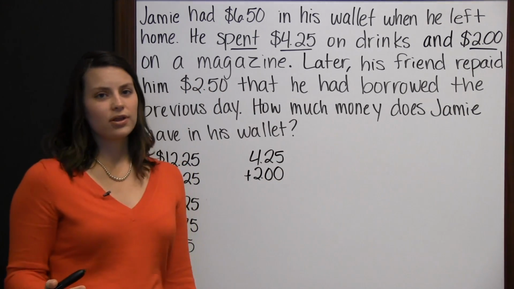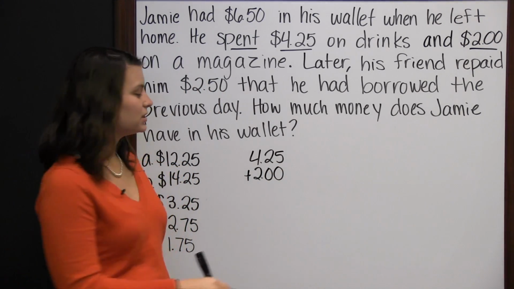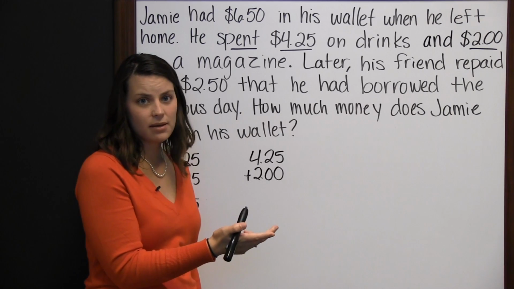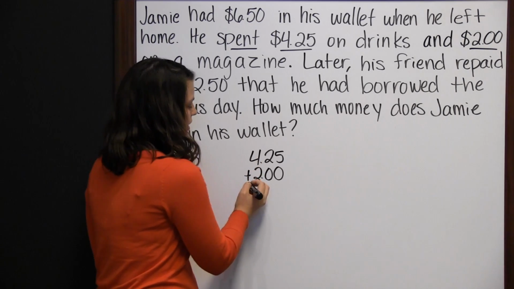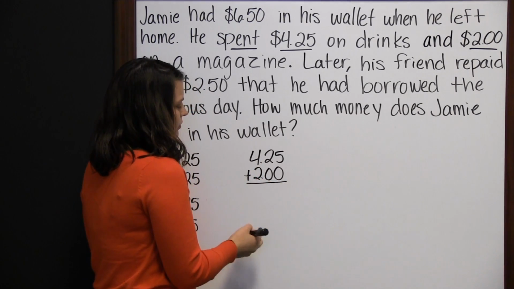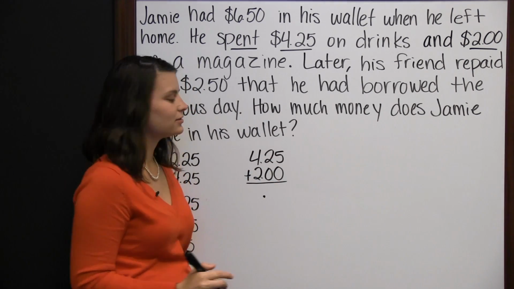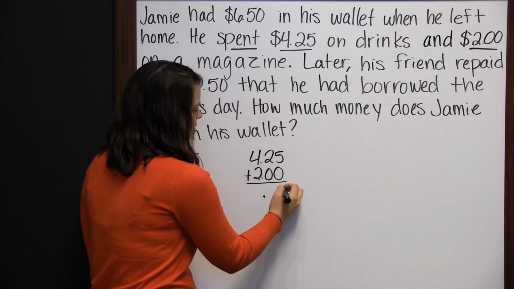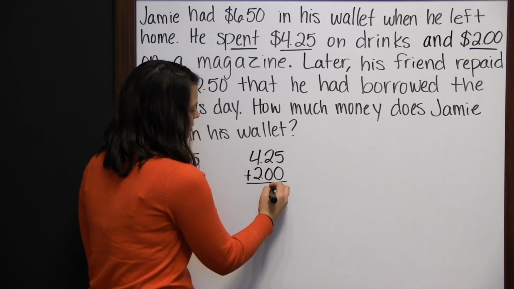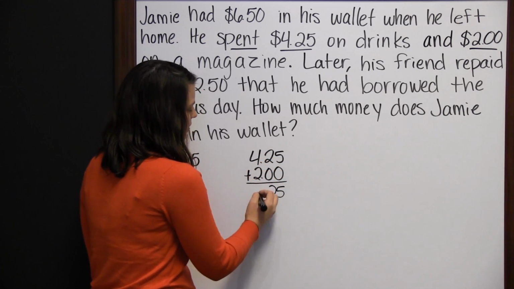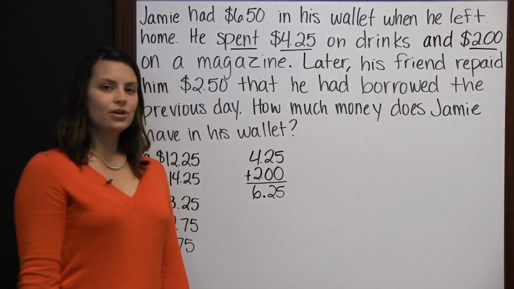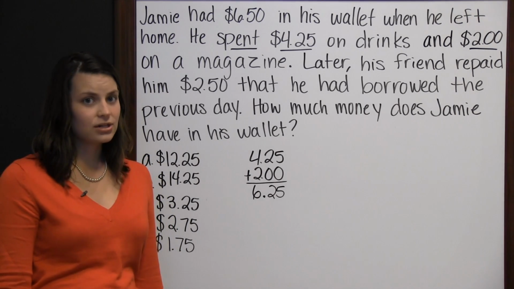And it's very important that whenever you add numbers with decimals or subtract numbers with decimals, that you line up the decimals. So now I'm ready to add, and I can just bring my decimal down before I even start. 5 plus 0 is 5. 2 plus 0 is 2. 4 plus 2 is 6.